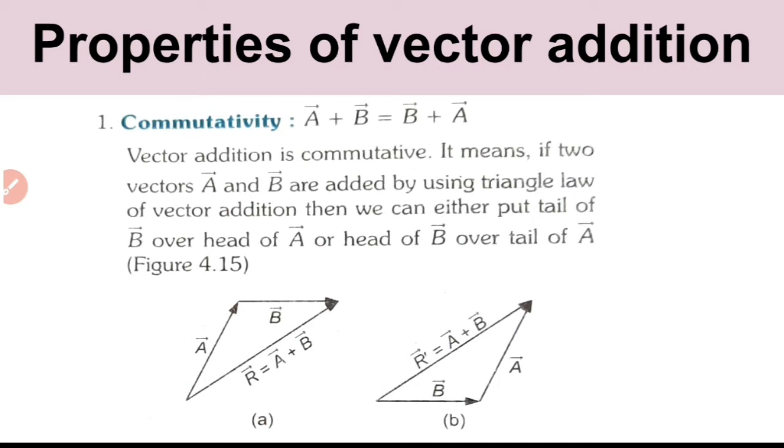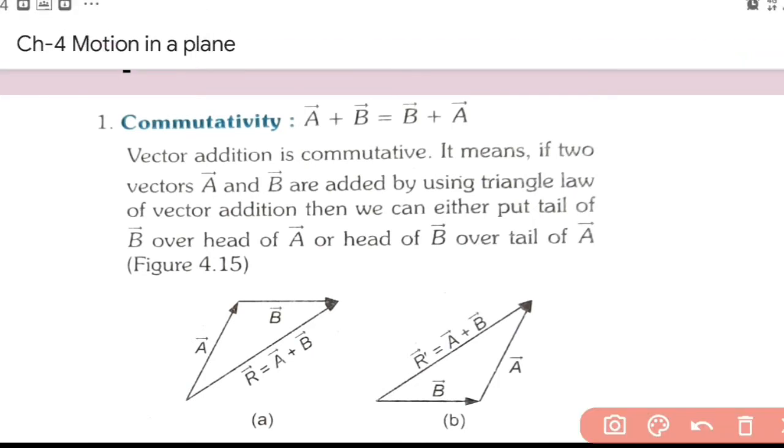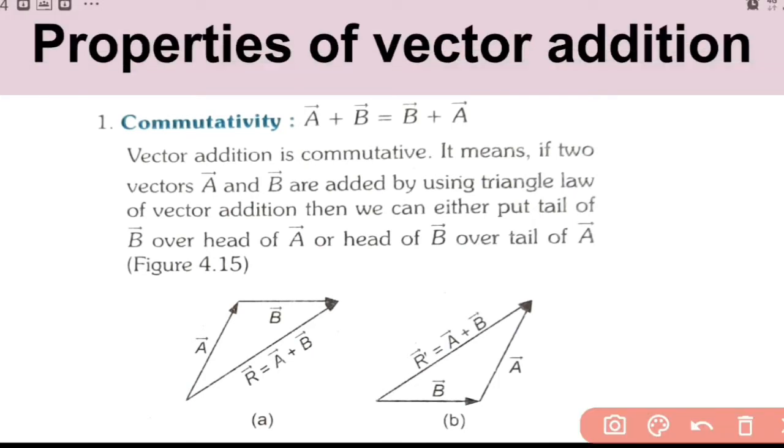So this diagram shows vector A plus vector B and vector B plus vector A. In diagram A, first you have vector A, and to vector A, vector B is added. So the resultant shows vector A plus vector B. In the second diagram, first we have drawn vector B, then on the head of vector B we have kept vector A. Then we have drawn the resultant.